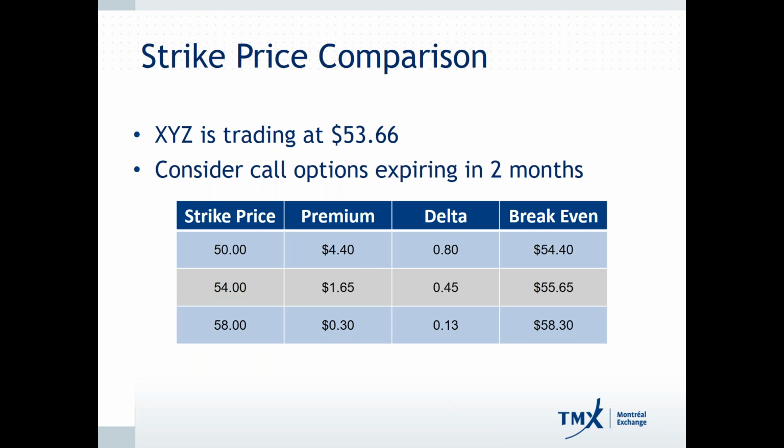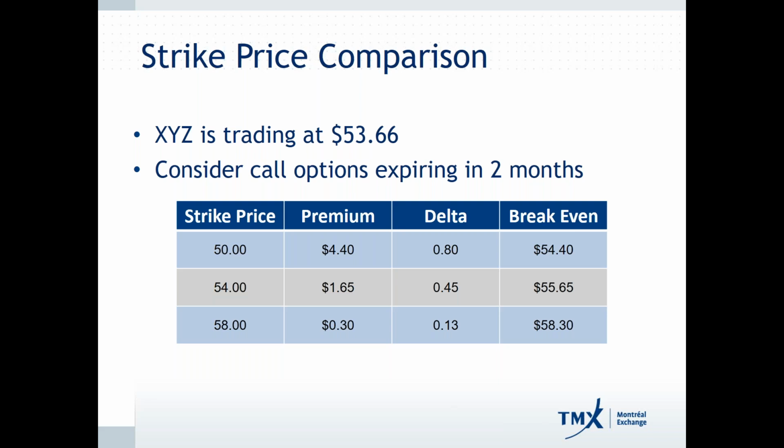And because it has an incredibly high probability of expiring with a value, that option is going to reflect that $4.40 cost. It's a more expensive option because the odds are you're going to be in a position of having some sort of value in the option at its expiration.